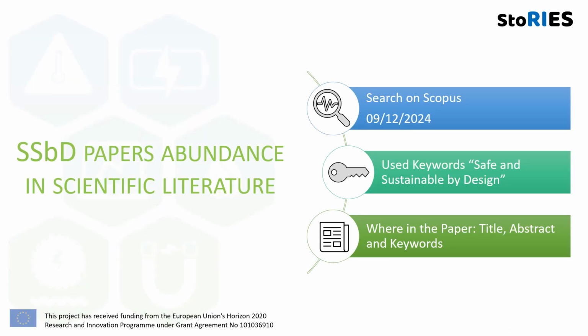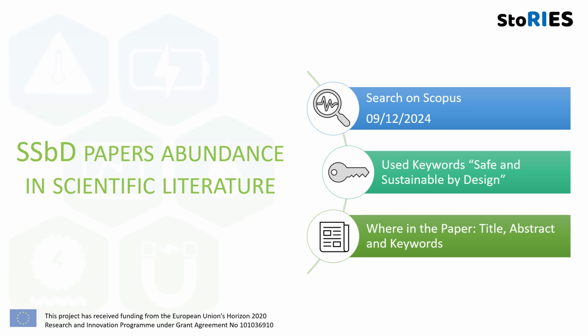For the rest of this lecture, we will focus our attention on the application of the SSbD framework to the energy sector, and to be more specific, to the research papers that can be found in the literature in which the authors have used this instrument for their studies.